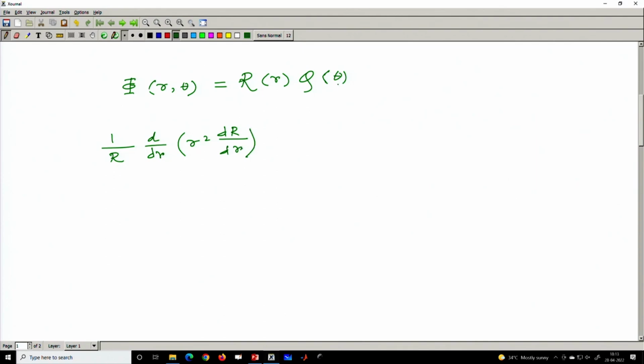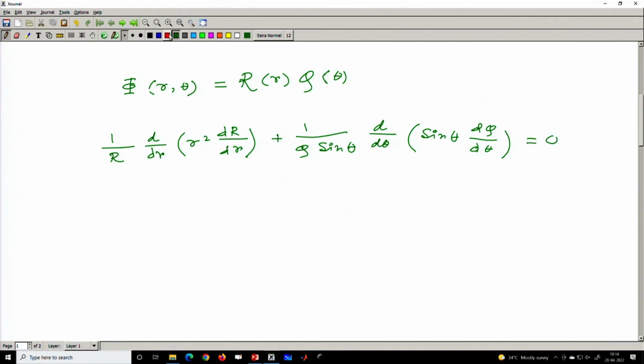So this I can take outside, and then I divide everything by 1 by R Q, and it should be 1 plus 1 divided by Q sin theta, d d theta of sin theta dQ d theta, equal to 0.